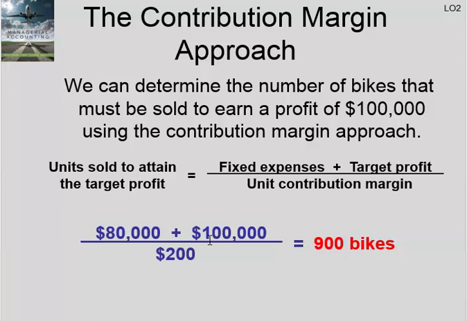So in this particular case, fixed cost of 80,000, target profit of 100,000, so 180,000 divided by $200 per unit means we have to sell 900 bikes to reach that target profit of $100,000.